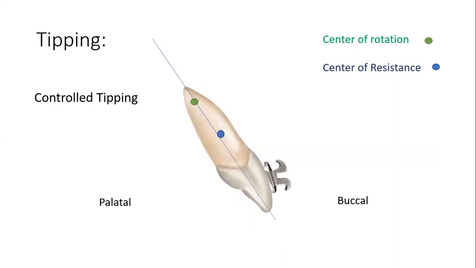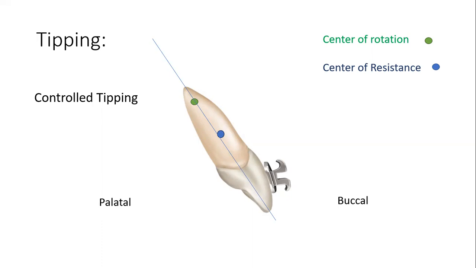In controlled tipping, you can see that the center of rotation is moved more apically, that is, moved apically from the center of resistance. So the rotation will be around this center and the root will move less buccally as compared to uncontrolled tipping. And the movement will be mostly of the crown.